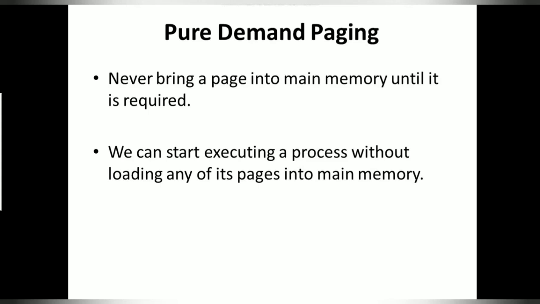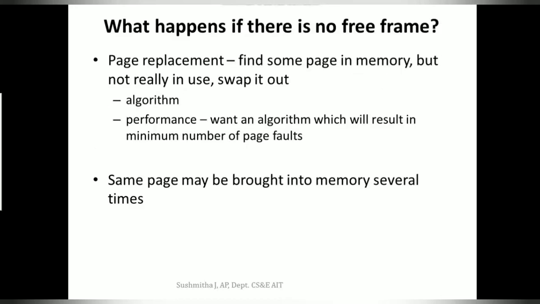Now there is another issue which we will have to address. We were talking about bringing a page, we will have to get a page that is there in the secondary memory to the main memory.